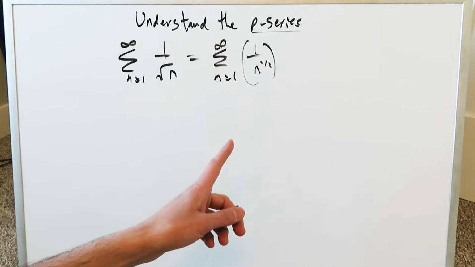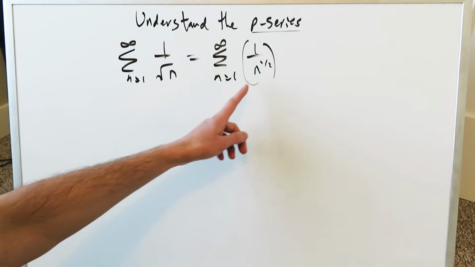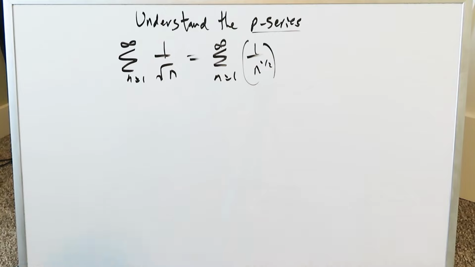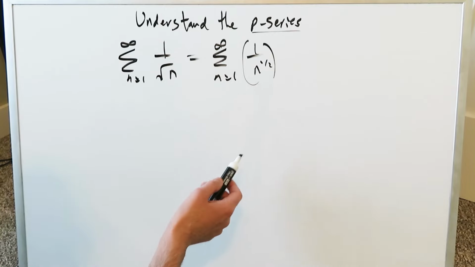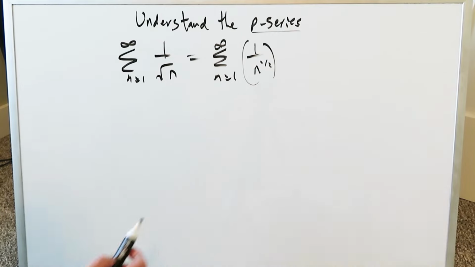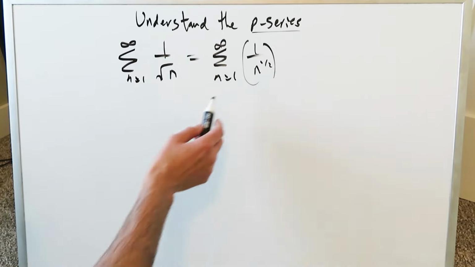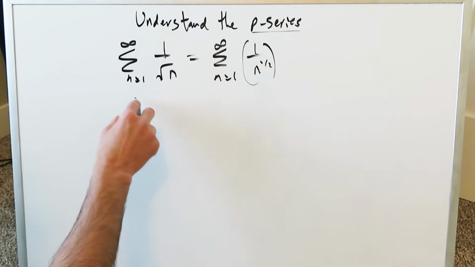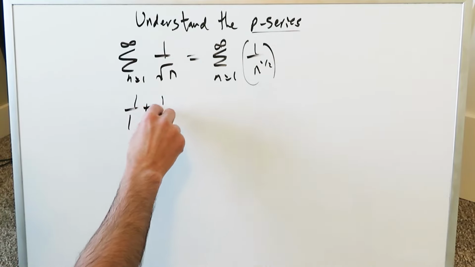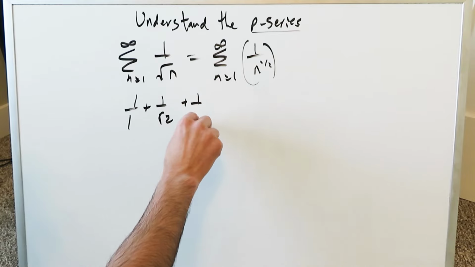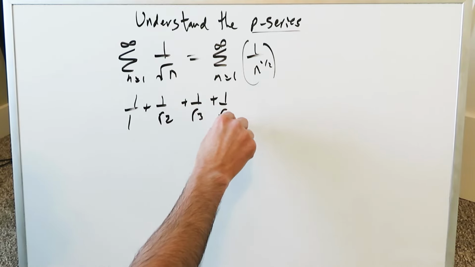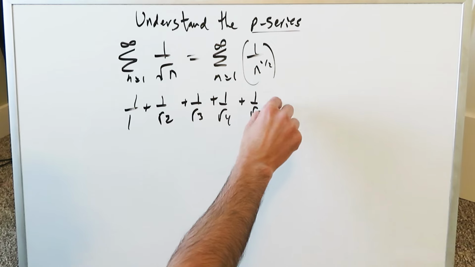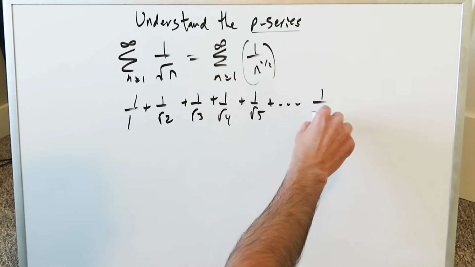But you have a value here in terms of p. It's a p-series type of function, but it is going to be a p-value less than 1. And therefore, you know by means of that it's divergent. We just have to show it to be the case. But what would exactly your series look like? 1 over 1 plus 1 over root 2 plus 1 over root 3 plus 1 over root 4, 1 over root 5, and on up to 1 over infinity.